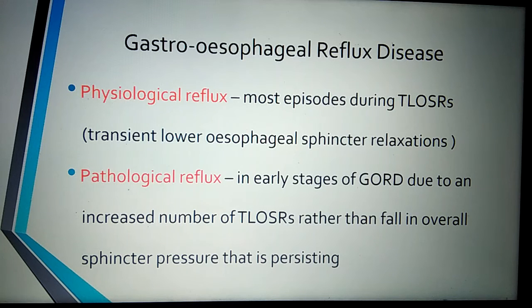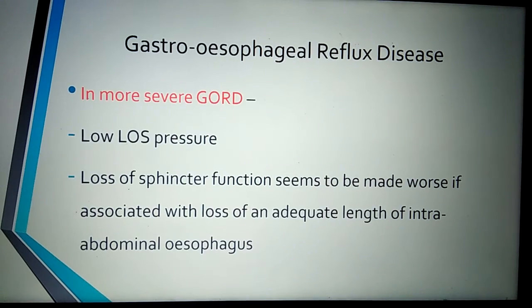The important thing is repeated TLOSRs occurring in early stages. Whereas in more severe GORD, there is low lower esophageal sphincter pressure. This pressure is more important in more severe GORD. In early stages, the increased number of transient relaxations of the lower esophageal sphincter is what is important.